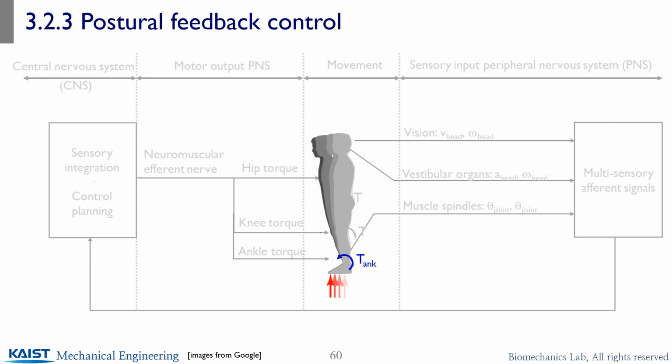One simple example would be posture control, because the upright posture, from an engineering perspective, is an inherently unstable system, an inverted pendulum, and how those are controlled based on sensory feedback.